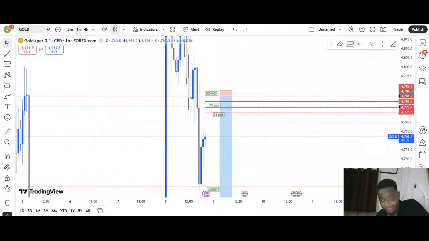So by 8:40, if price could not have tapped into our top high or our limit orders, we shall have to cancel our limit orders and move away from the markets because at 9 p.m. we are having FOMC news. And I usually don't trade news. So I have to step away from the markets until tomorrow.